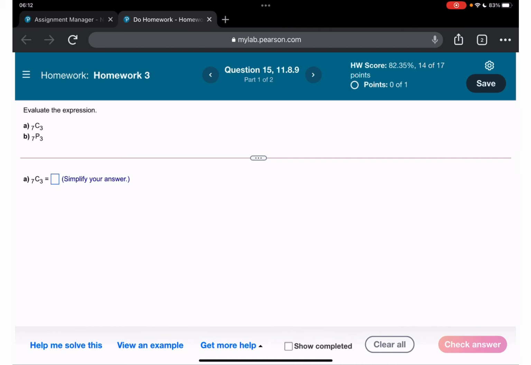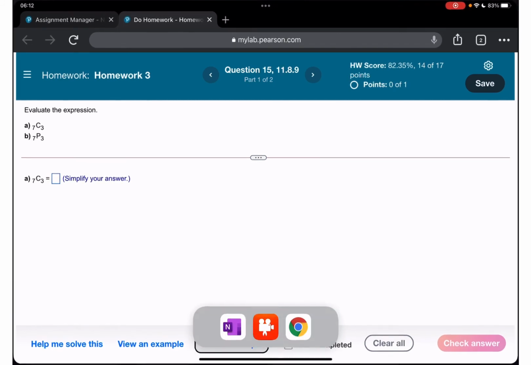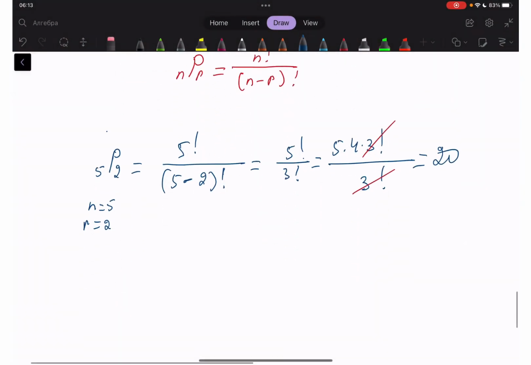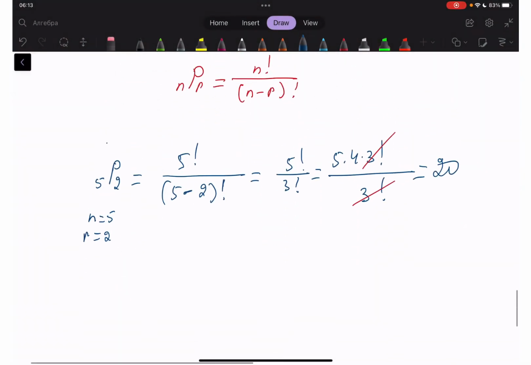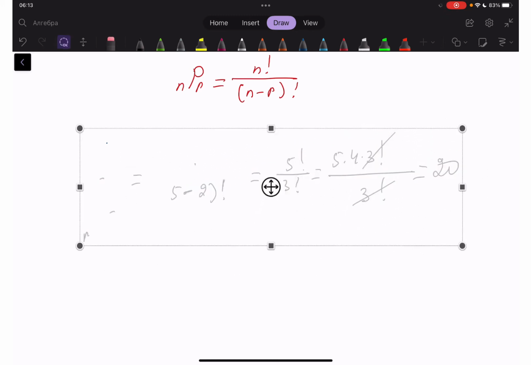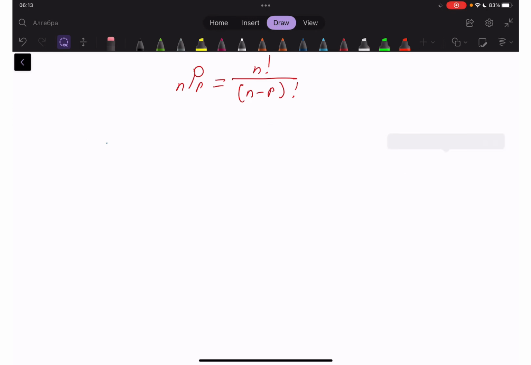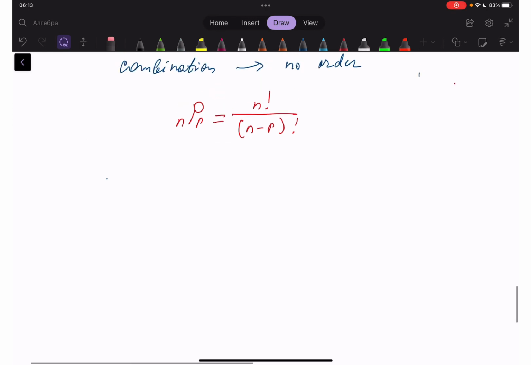Okay, we need to evaluate combination and permutation. Let me write down formula for combination. Combination 3 out of 7. I want to clean this so I can place formula of combination below formula of permutation so you can see the difference.